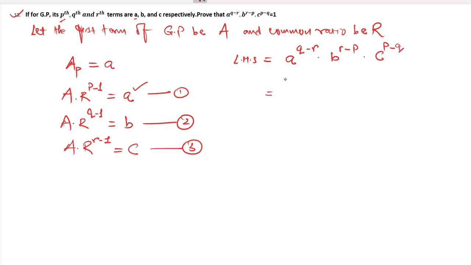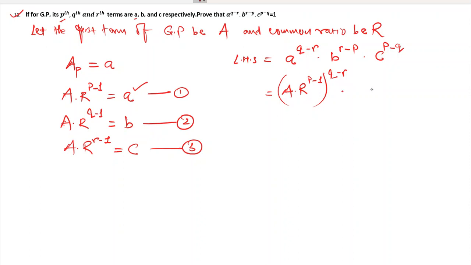The value of small a is capital A into R raised to p minus 1, the whole raised to q minus r, right? I just replaced small a, and q minus r was there in the power, so I kept it as it is.